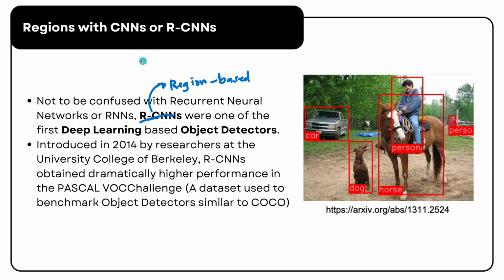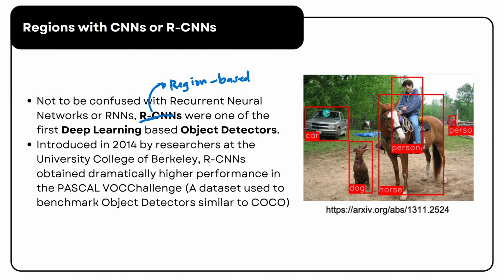RCNN was revolutionary at that time because it combined region proposals with deep learning, giving much better accuracy than the traditional sliding window method that we already tackled last time. This is one of the examples of RCNN.